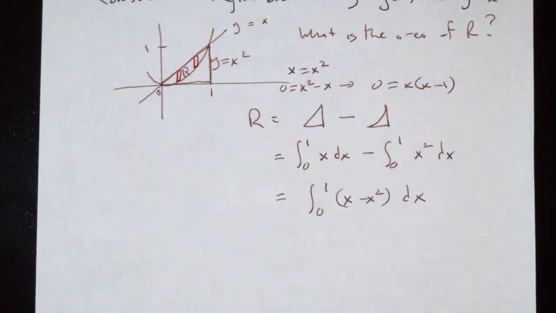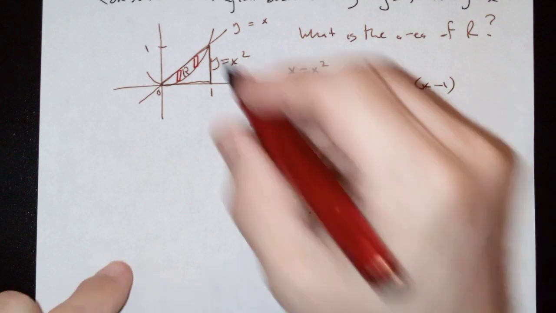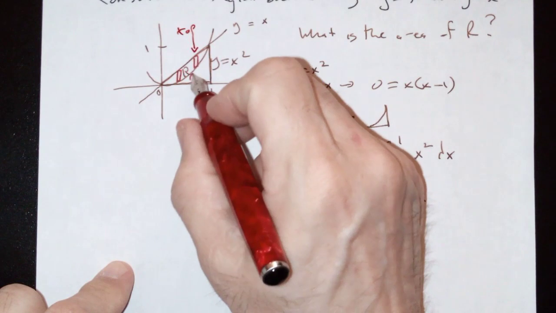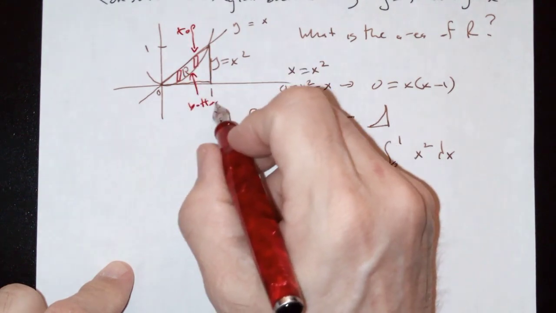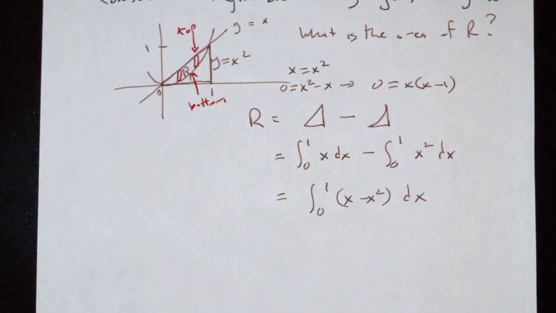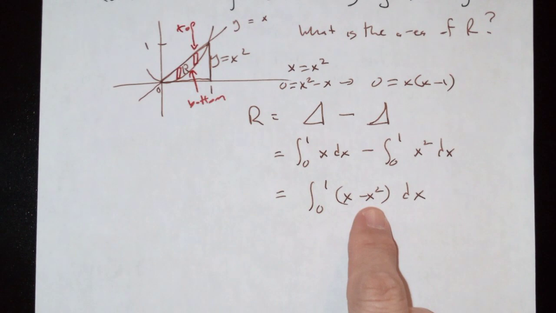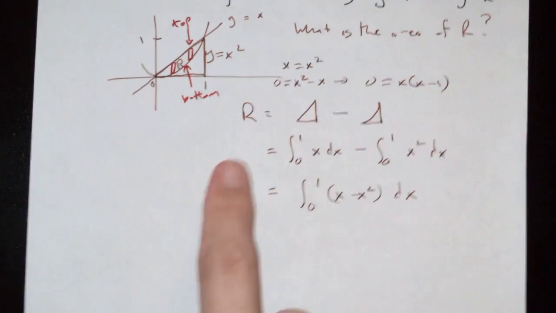Yes? And its top and bottom have nothing to do with the x-axis anymore. Here's the top, and here's the bottom. And that's what I've written right here. Top minus bottom. This is still the height of that rectangle.